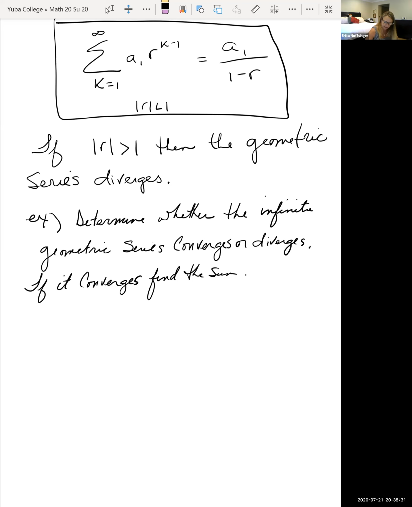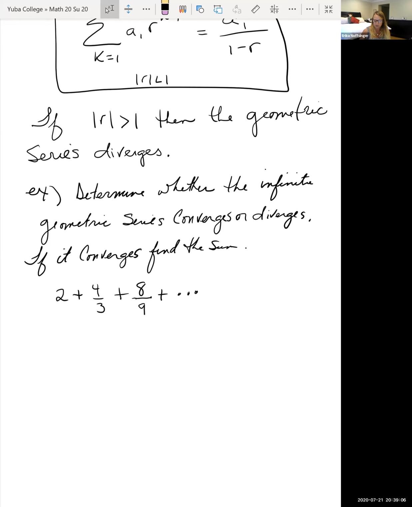So let's say you had 2 plus 4/3 plus 8/9 plus ... Well, first of all, it told me that this was a geometric sequence.